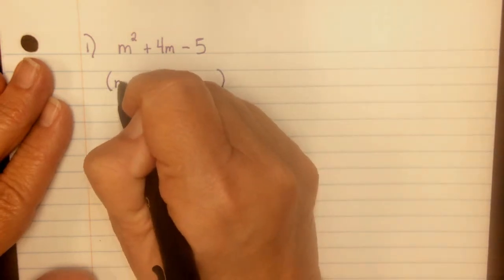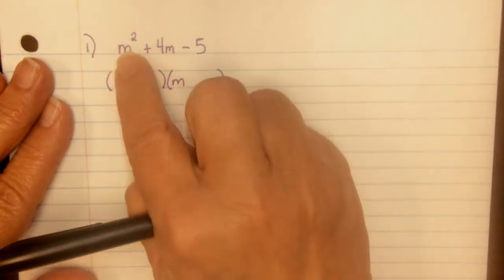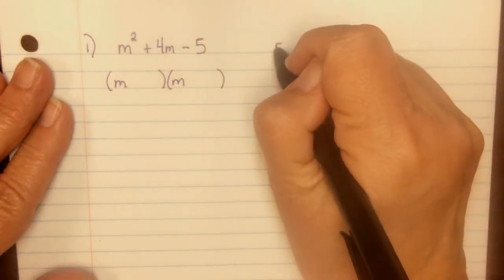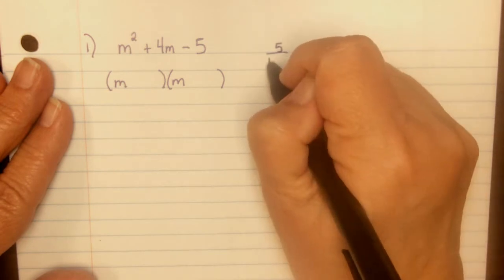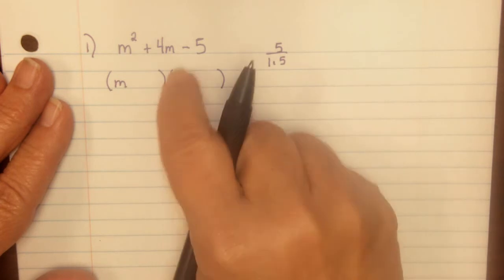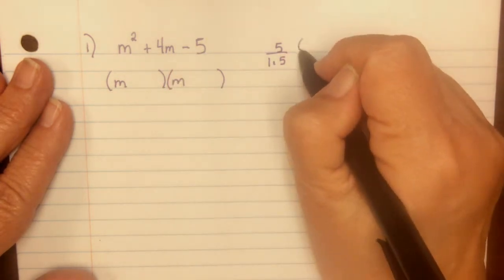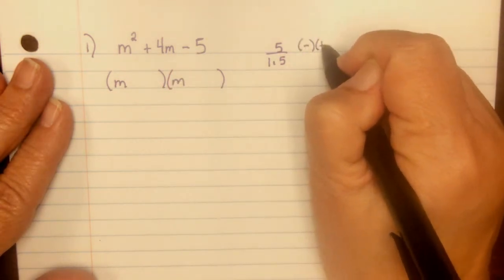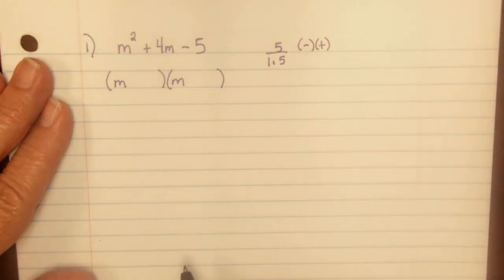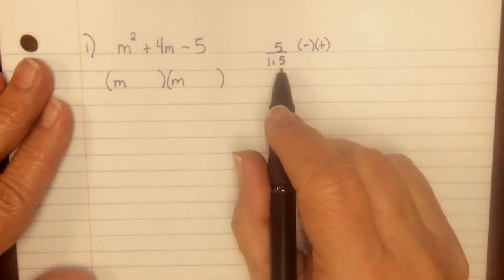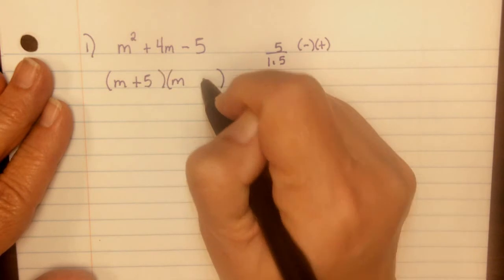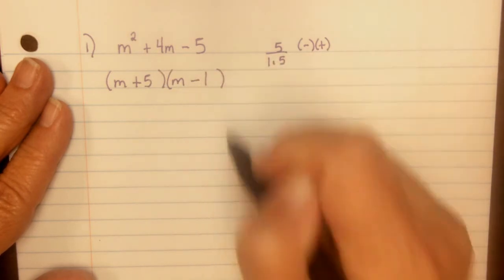And we know we need m times m to make m squared. Then we're going to make our list of factors for the number 5. The only thing that can multiply to make 5 is 1 times 5. But we have a negative 5, so we need 1 negative and 1 positive. But in the middle, we need a positive 4, so we need more positives. So I'm going to put m plus 5 and then m minus 1.